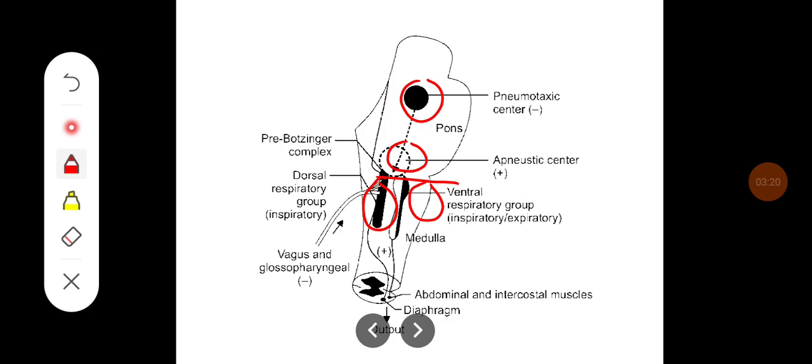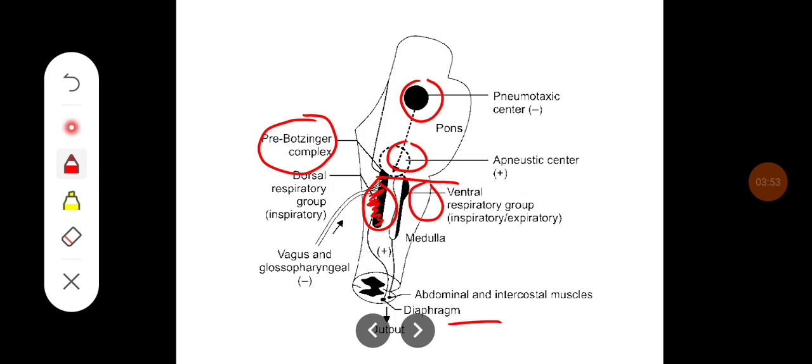The important nucleus here is the dorsal respiratory group of neurons, which is influenced by the pre-Botzinger complexes. The impulses produced in the pre-Botzinger complex reach the dorsal respiratory group of neurons, and they are going to affect the anterior motor neurons, which supply the diaphragm and respiratory muscles.